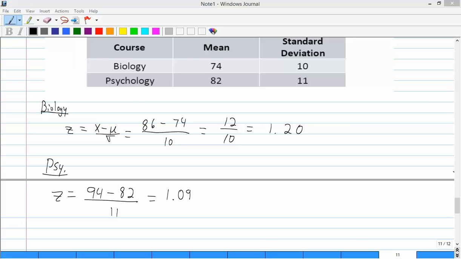So even though the score on the psychology test was greater than the score on the biology test, relatively, we scored better on the biology test than we did the psychology test, relative to everyone else that took the test. Okay?